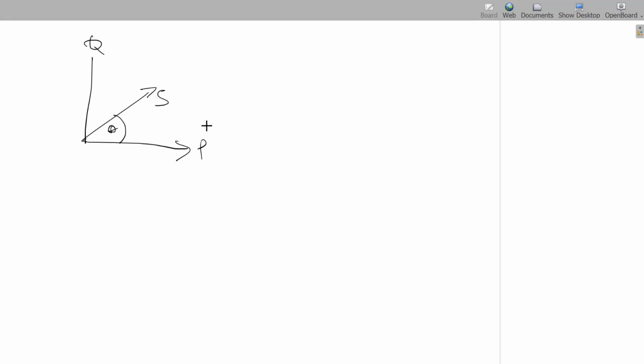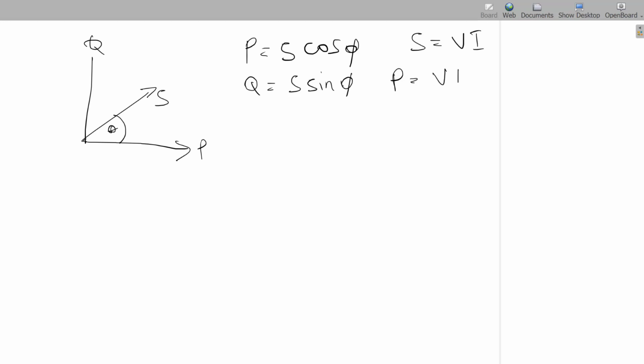So if you want to find the total active power, P should be equal to S cos phi, and the reactive power should be S sin phi. But then we know that S is equal to VI, so P can be VI cos phi, and Q is going to be VI sin phi.